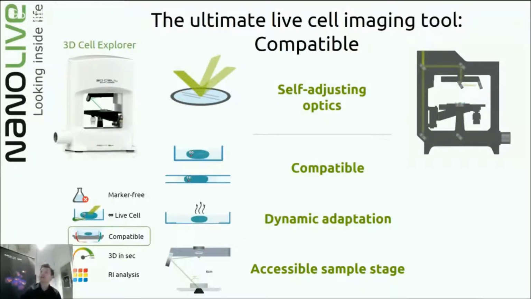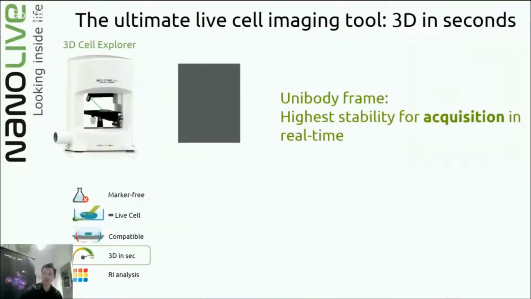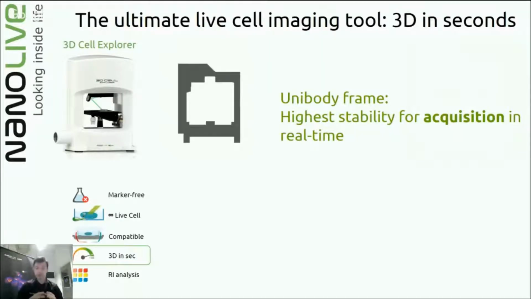On top of that, we have ample space at the access to the stage, so you can enter either with our top stage incubator or with whatever type of technology you wish to apply. Another very important aspect of the 3D Cell Explorer is that you can image within seconds, and this is possible because the structure of the microscope is extremely rigid, so we can have high speeds to collect images.